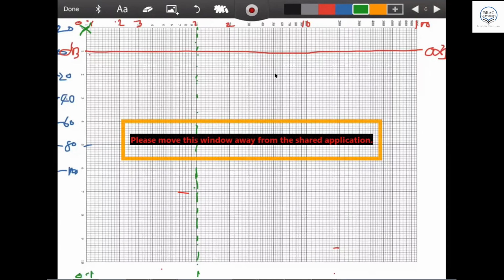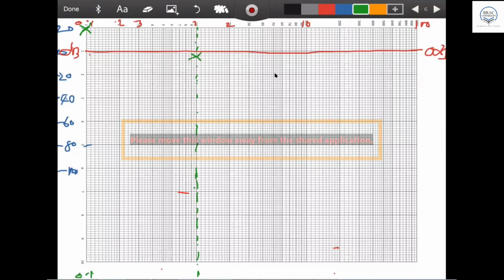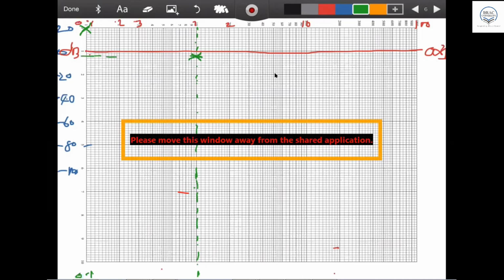Minus 4 dB, this is 0 dB, so each division is 2. Two means 1, 2, so the point is here. You can check, this is the point approximately, maybe a little bit up. This is the intersection point because this is 0 point minus 4 dB. I'm talking about the intersection, that point. Did all of you get the point?